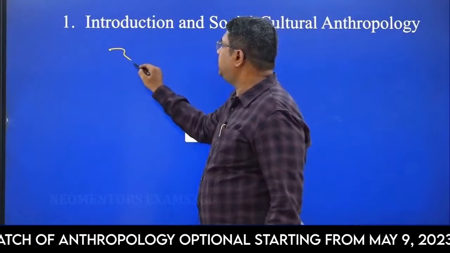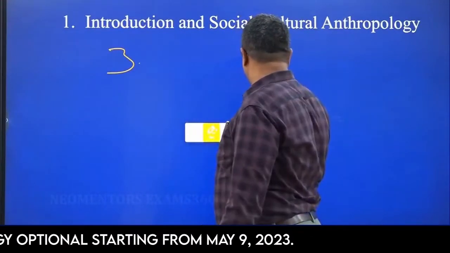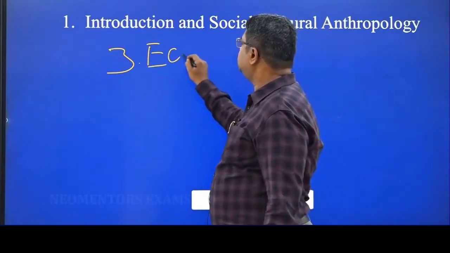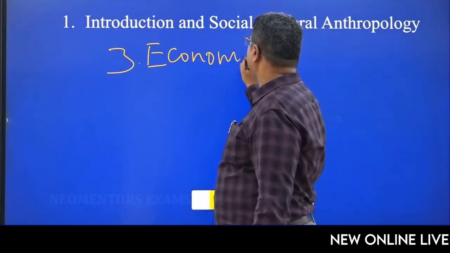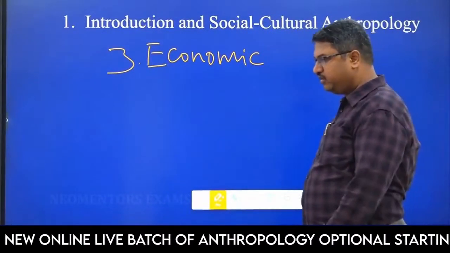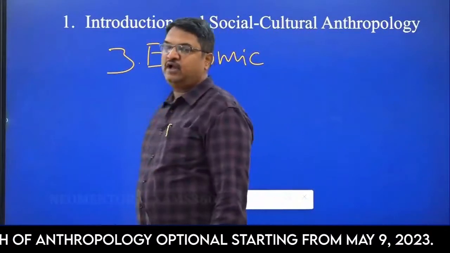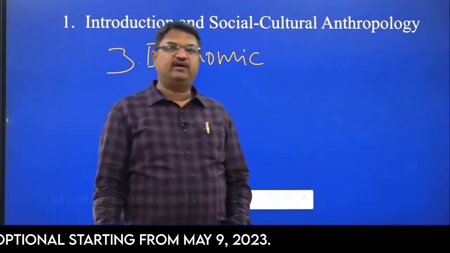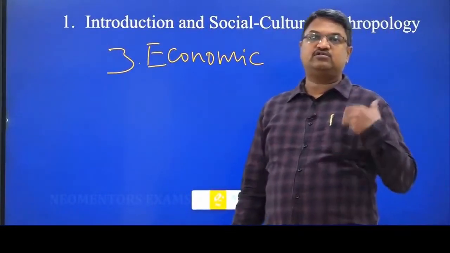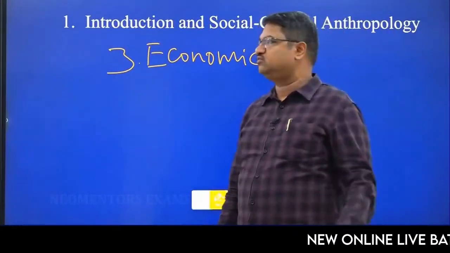So in chapter 3, we'll talk about economic organization. That is how societies organize themselves economically, in the sense how they produce their food, how they distribute their food, how they exchange their food and other resources with other members of the society or other societies, neighboring societies or strange societies.